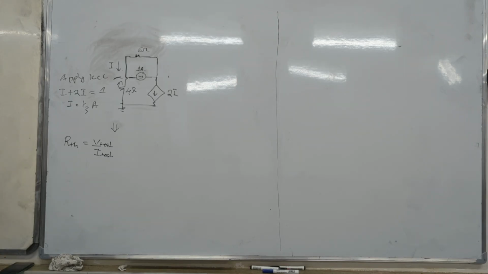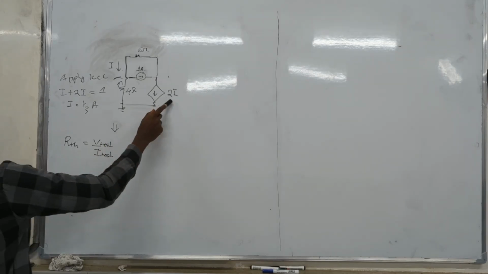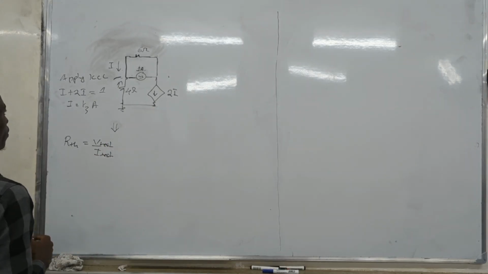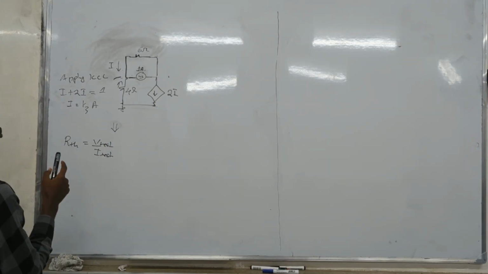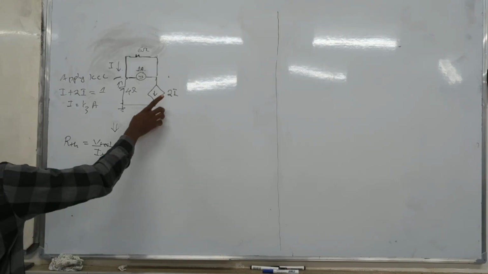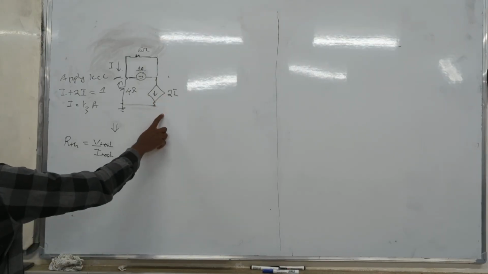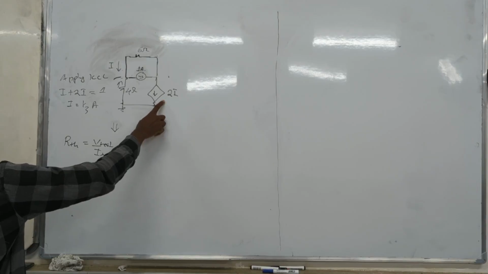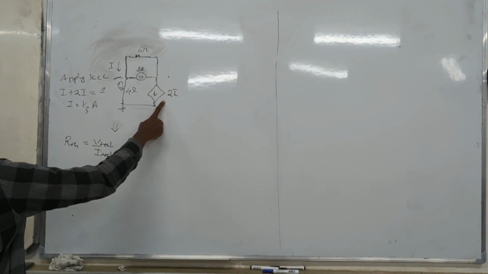For the which one? So that will be what? 2.67. This is 2 times 2I, then times what?